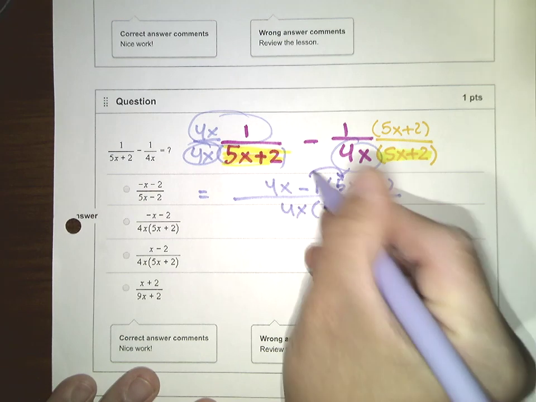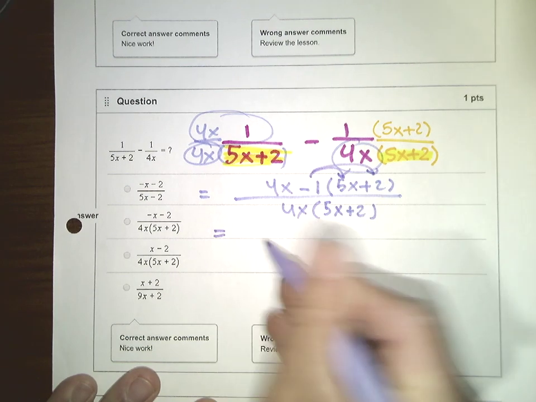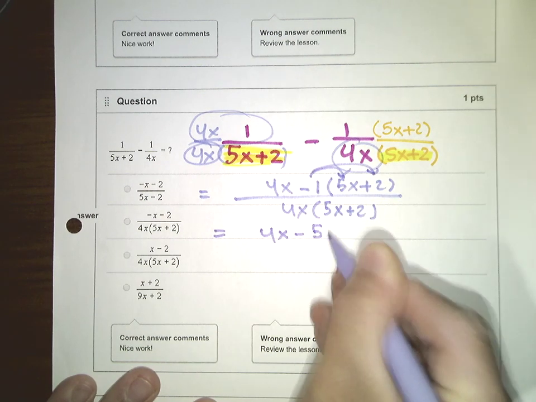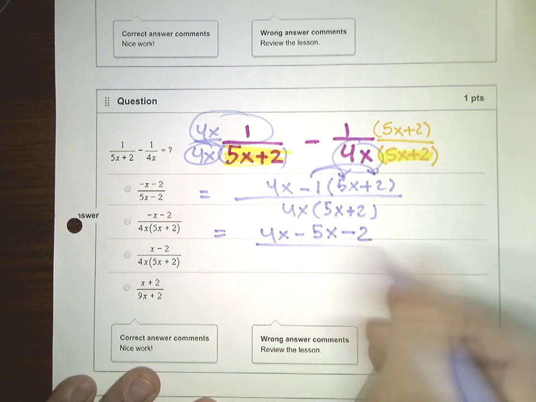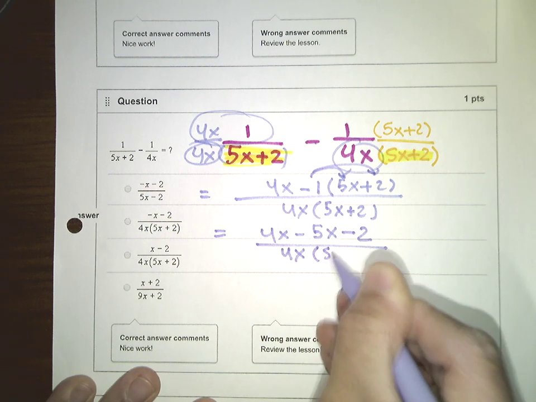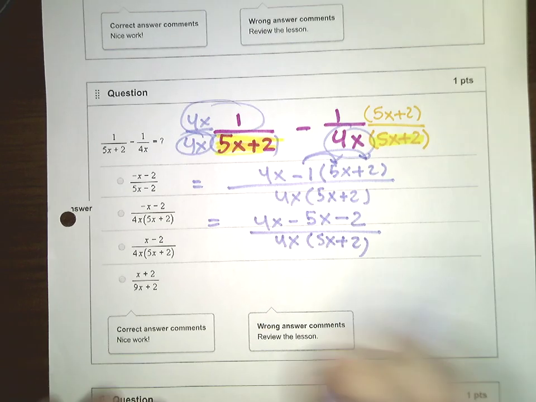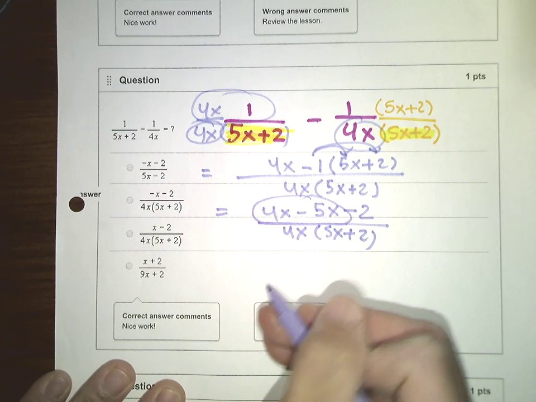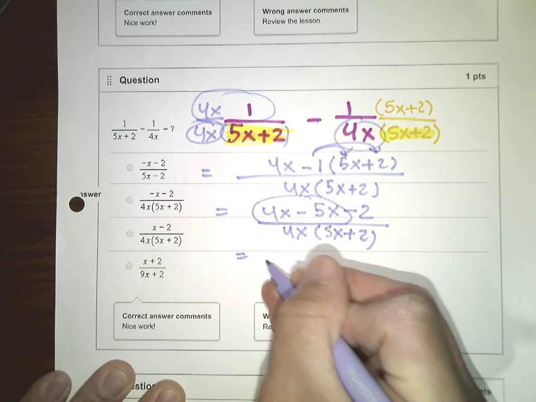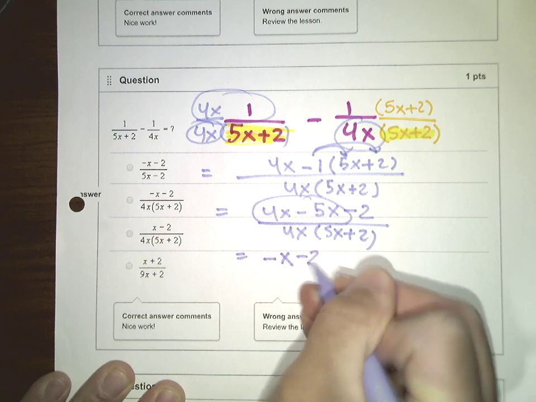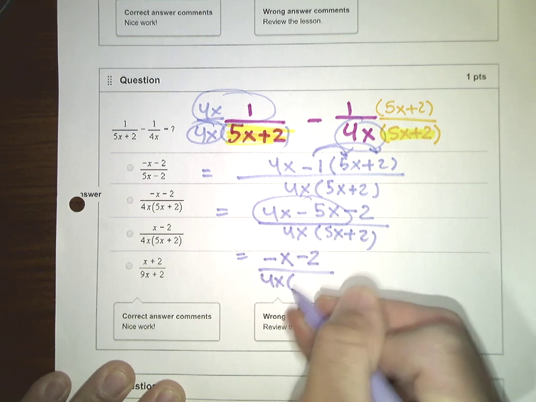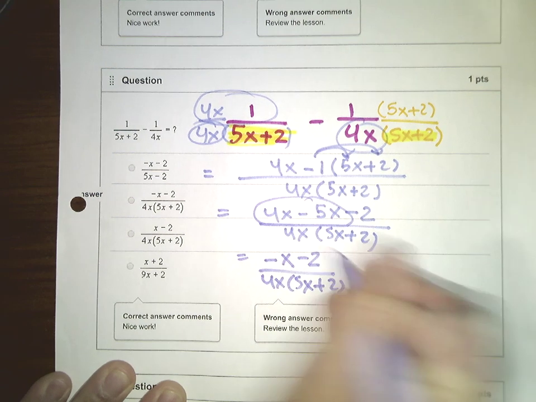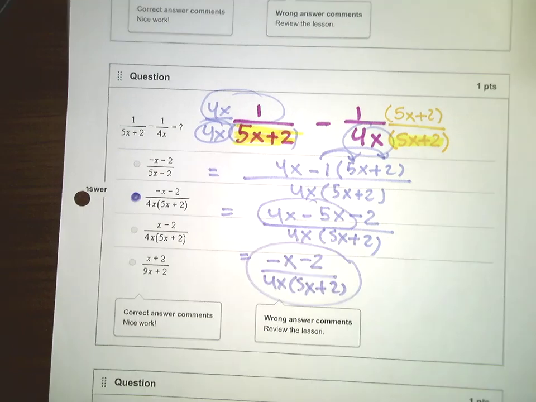Well, I need to distribute the negative 1. So I have 4x minus 5x minus 2 all over 4x times 5x plus 2. Then combine the like terms. 4x minus 5x is actually negative x, minus 2, all over 4x times 5x plus 2. And there you go. That is my answer right here.